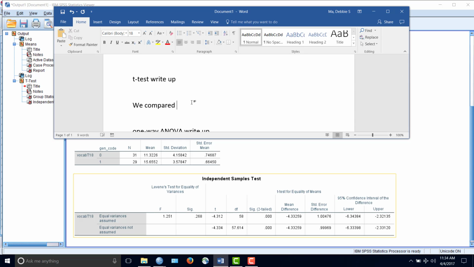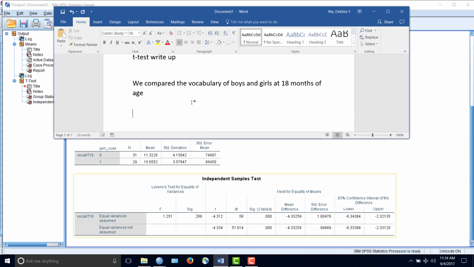We compared the vocabulary of boys and girls at 18 months of age and observed a statistically significant difference. And then here is where we type the statistics.